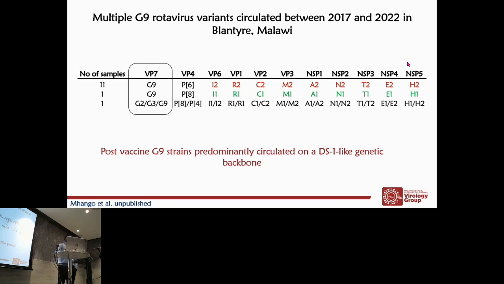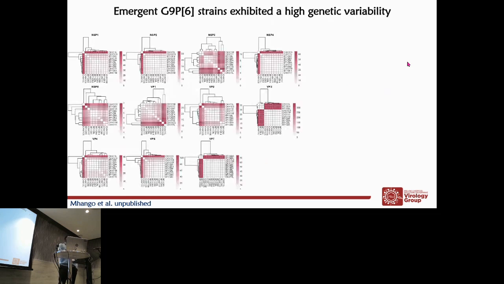So the first thing that I wanted to do is to check for the genetic variability within those samples that circulated, that were detected between 2018 to 2022. So we calculated the SNP distances between the samples themselves per segment.